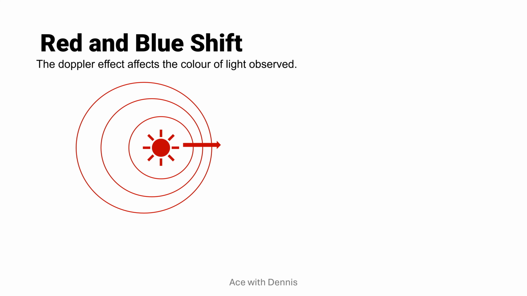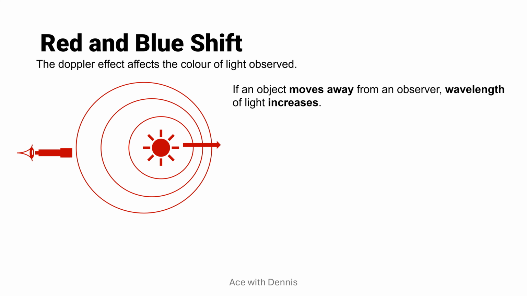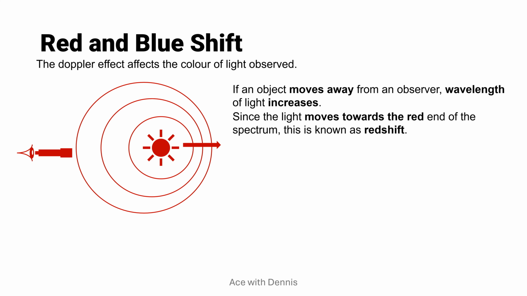So, why is it so important to know about the red light and blue light? The Doppler effect affects the color of light observed. Let's look at this diagram. If an object moves away from an observer, the wavelength of light increases. Since the light moves towards the red end of the spectrum, this is known as redshift.